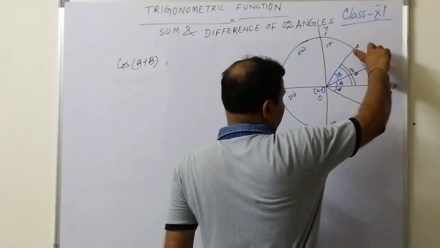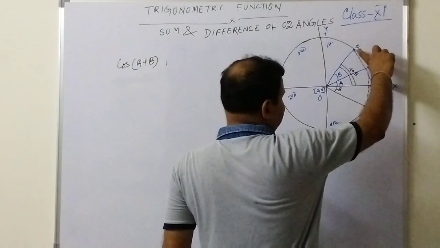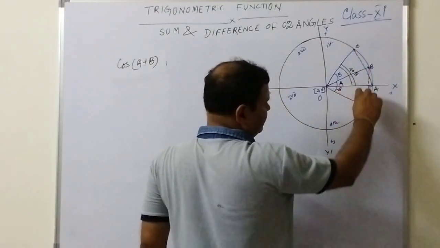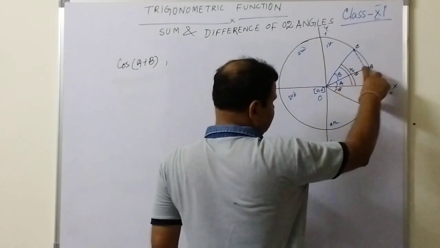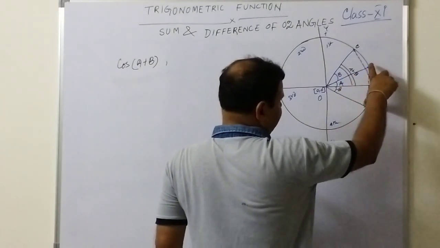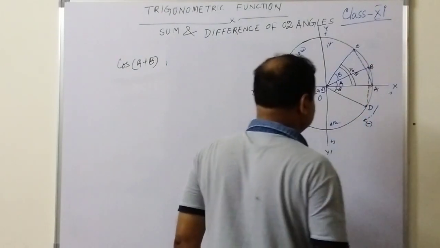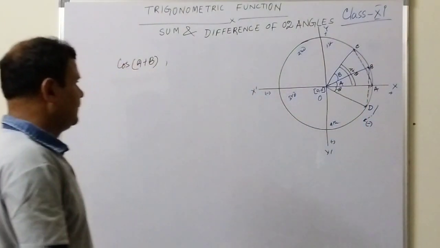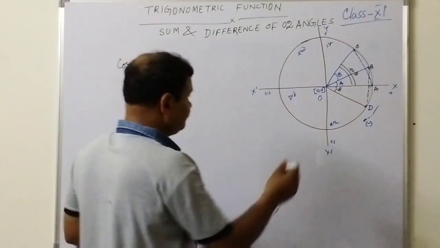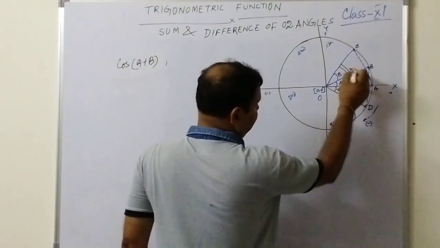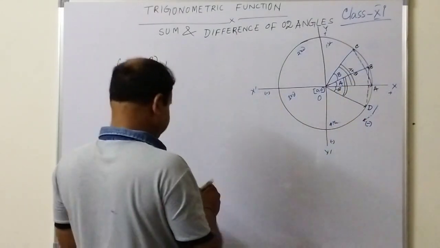So the total arc length of AC is the same as this. This is also angle A plus B, though it moves in a negative direction. This arc length is also the same, so the magnitude of this arc BD will be the same. Correct? Now, this is also the same A plus B magnitude, right?